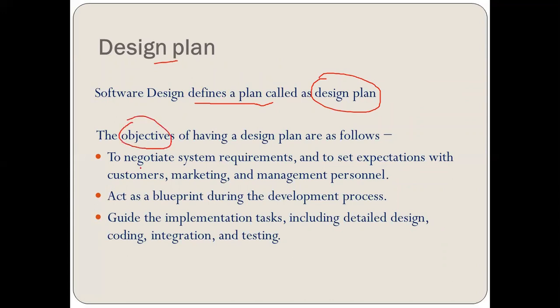They are to negotiate system requirements and to set expectations with customers, marketing, and management personnel. That means we have to negotiate and set a same platform for all these terms, that is for system requirements, for expectations of customers, for market, and the management personnel.